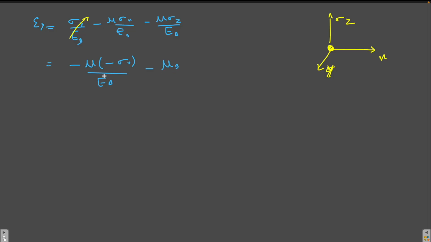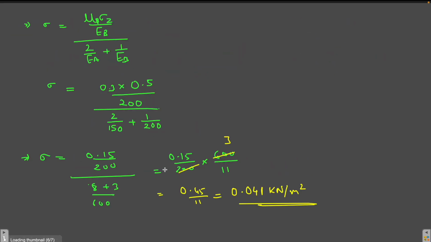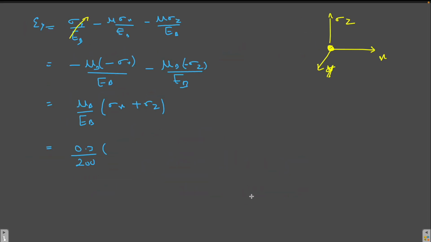Mind you, this is mu B, that is Poisson's ratio for block B, sigma z, minus sign again, and by EB. So all in all it will become positive. It is mu by EB, and you will be left with sigma x plus sigma z. So mu is 0.3 given to you and EB is 200 given to you, and sigma x we have found out to be 0.041, right?